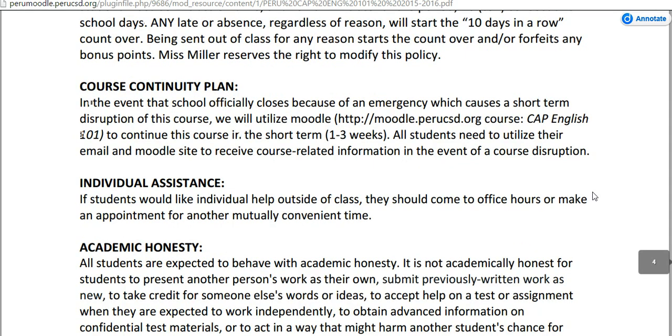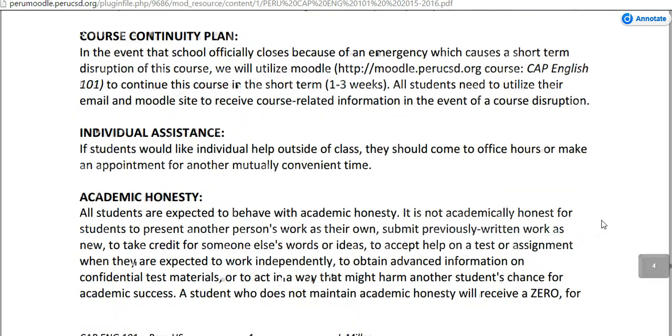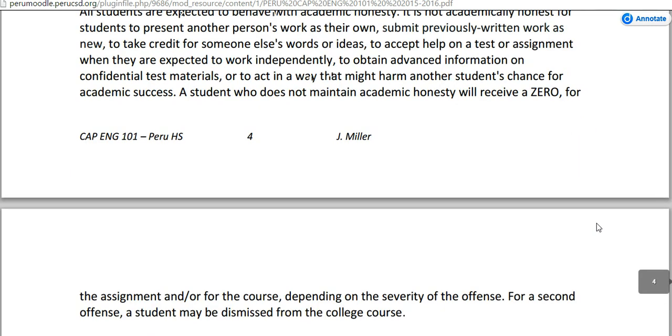If you need help, you should make sure that you ask, chat, come to office hours, make an appointment, however you would like. We expect that you'll behave academically honest, and so you may not present your work with your name on it if it does not come from your brain and your hand. So make sure that you're not trying to hand in anybody else's.